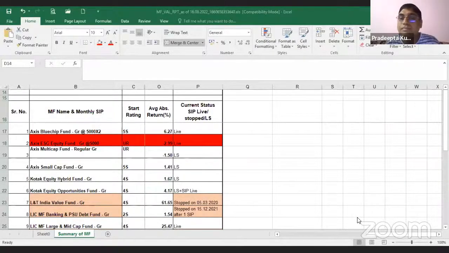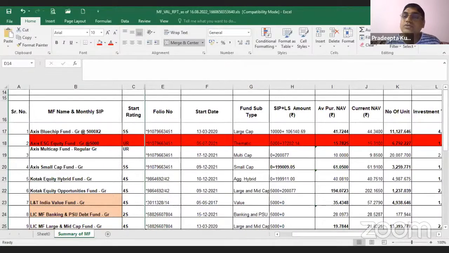Is it visible now? Yeah, we can see it. These are the mutual fund names and SIPs.